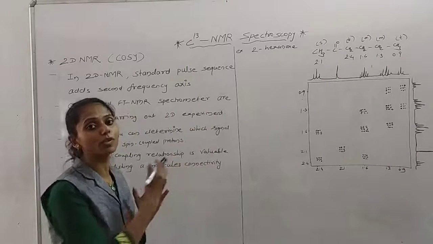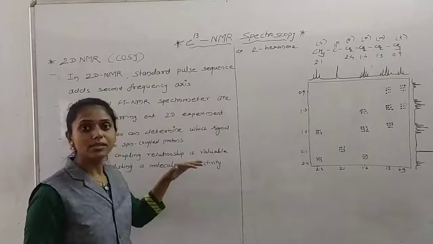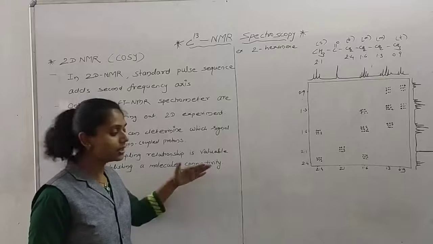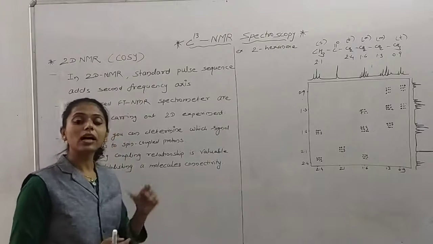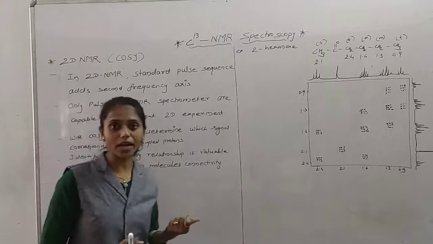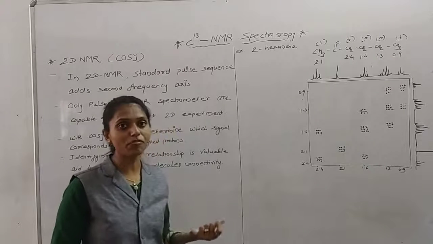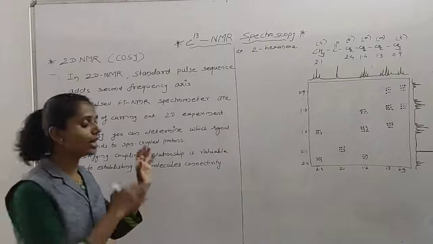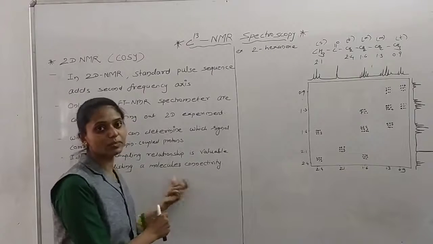That means it shows positive peaks. And CH2 carbon atoms show negative peaks in the downward direction, and carbon which does not have any hydrogen atom is null. That means it does not show any peak in the spectrum.